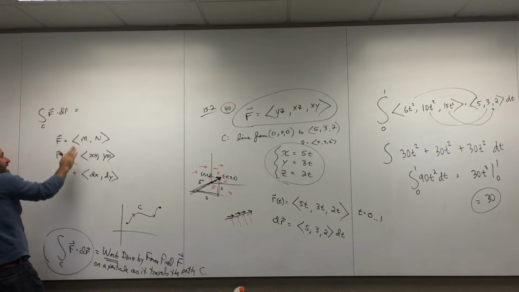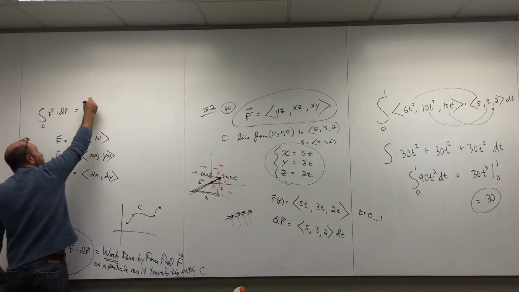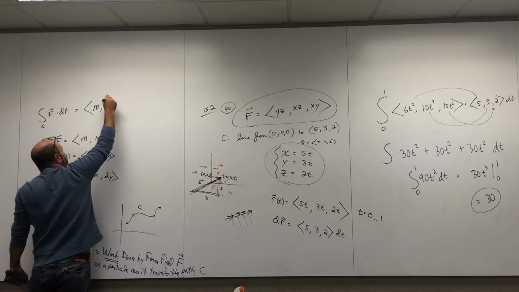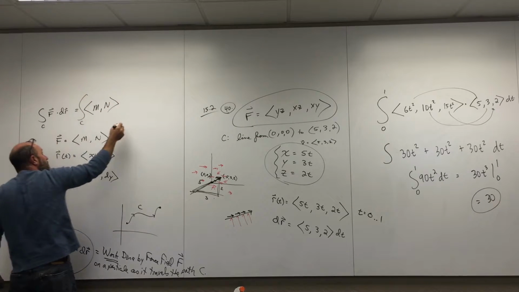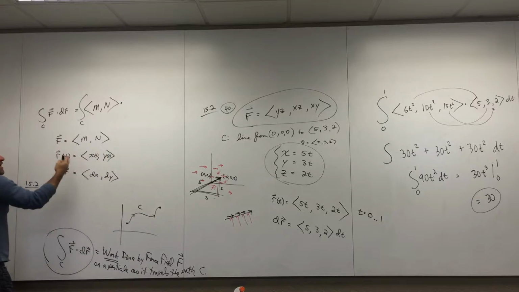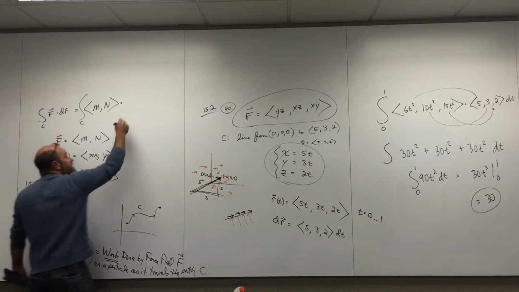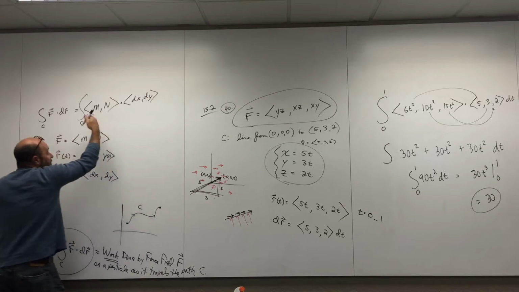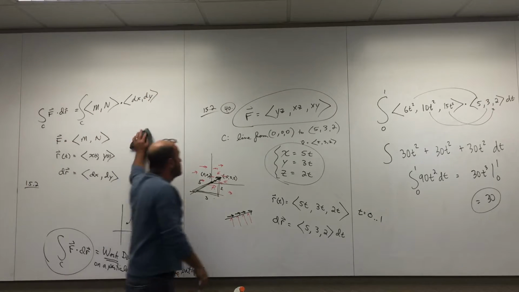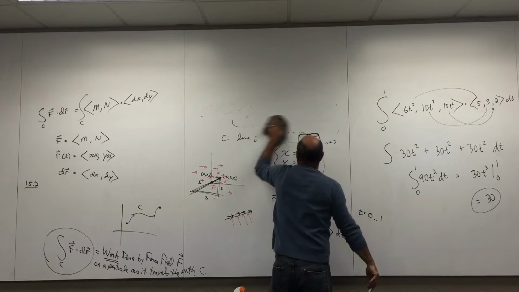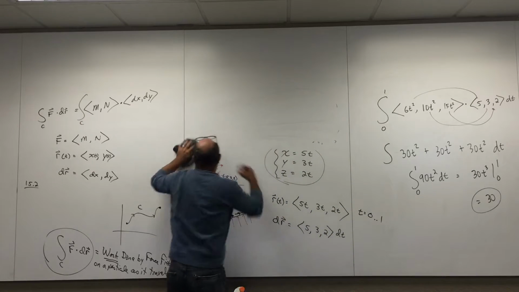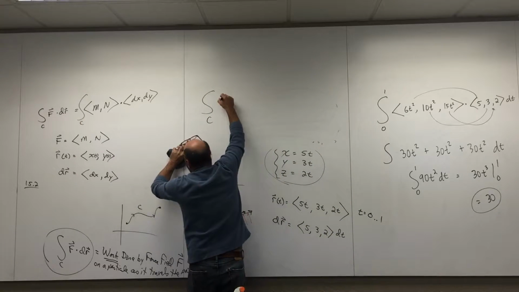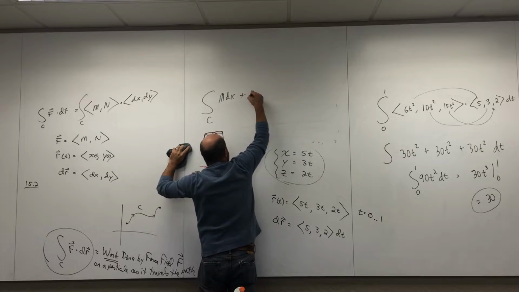If I'm doing this generically, the vector field might be M, N, the dot product with not r, but dr, which is dx, dy. Now when you do this dot product, you get this: M dx plus N dy.